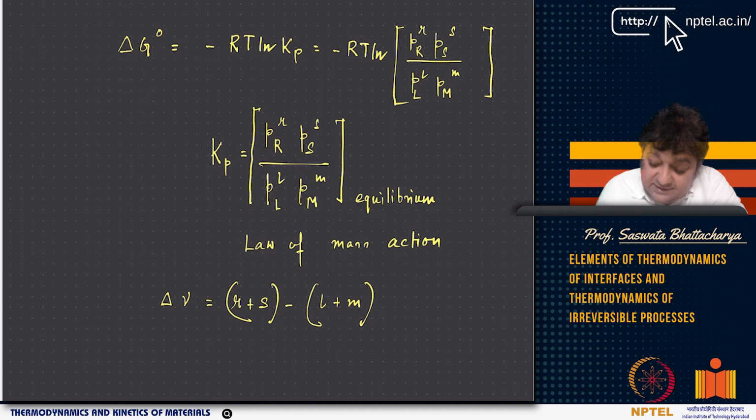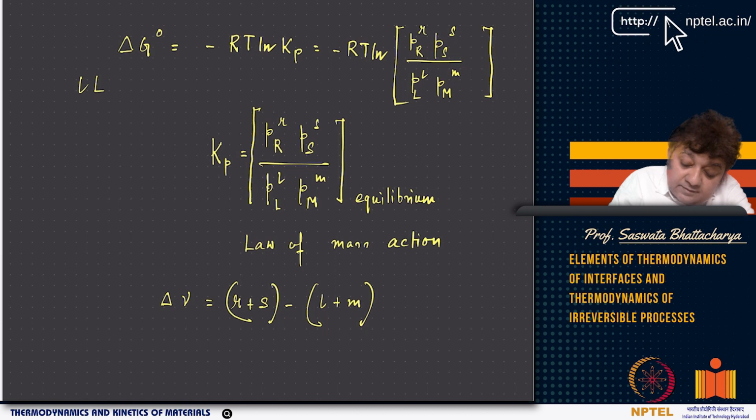And delta nu is R plus S minus L plus M for this reaction, where L moles of L react with M moles of M to produce R moles of R, which is one product, and another.